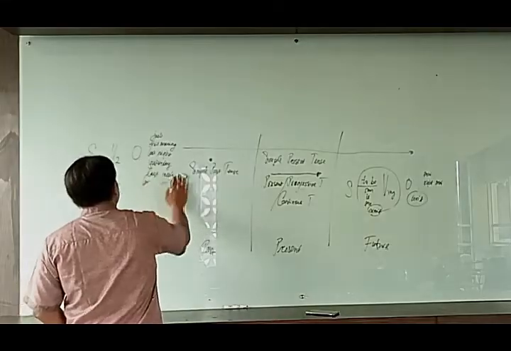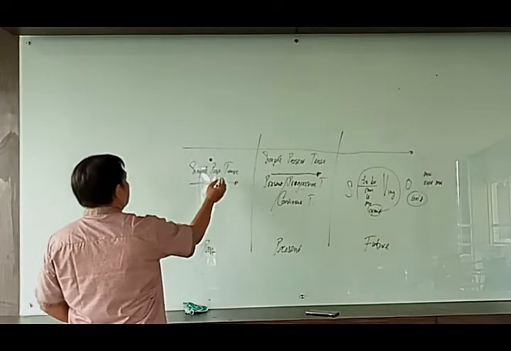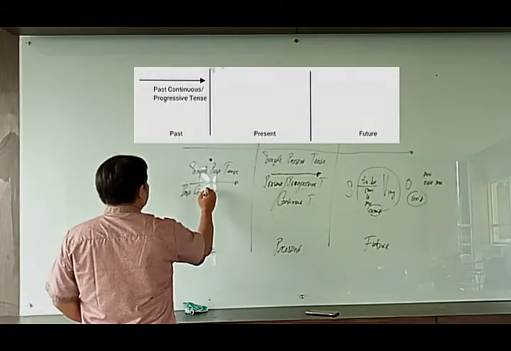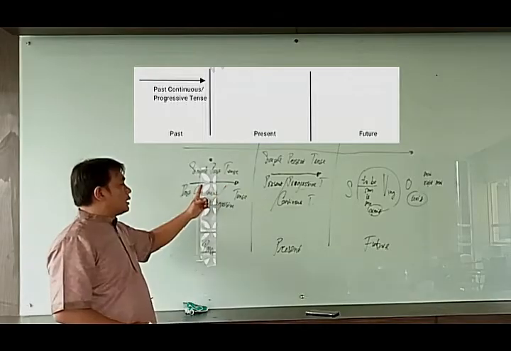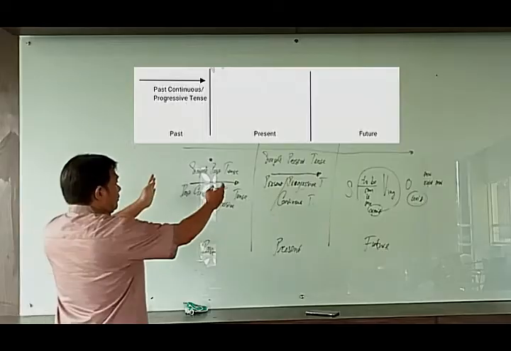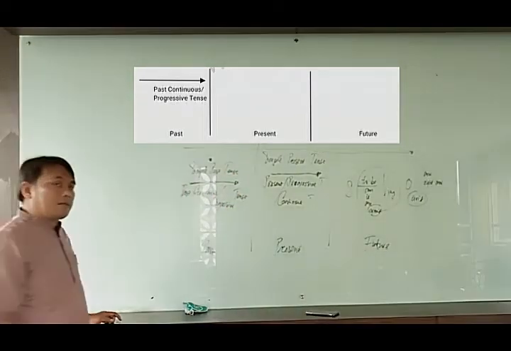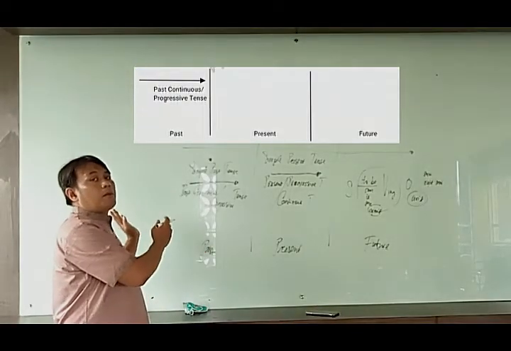Going to the time scale for past continuous or progressive tense. It's happening in the range of time at the past time scale. Jadi di dalam bahasa Indonesia itu sedang terjadi di waktu lampau.